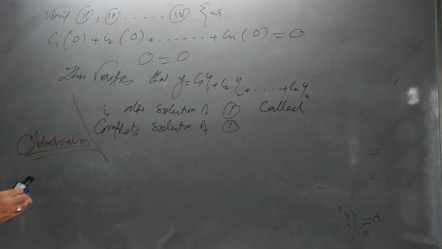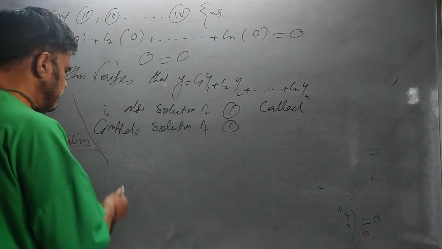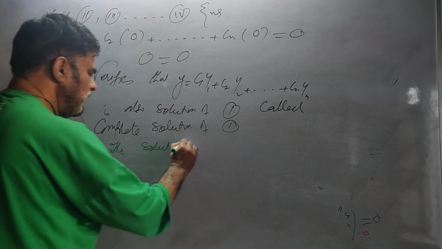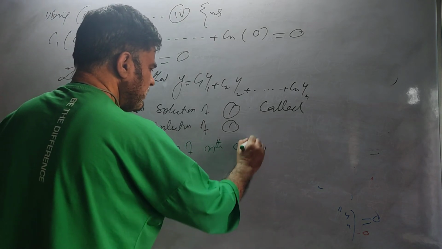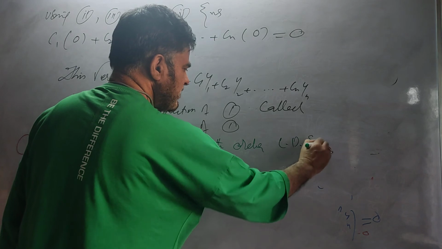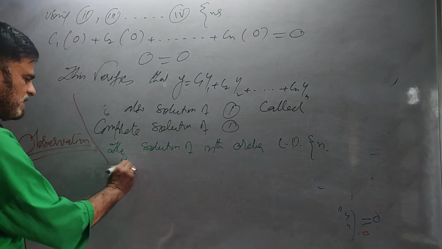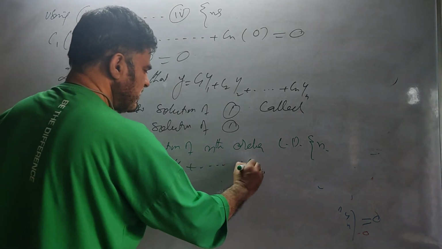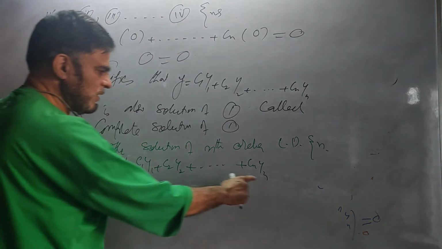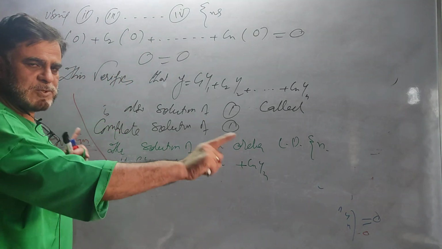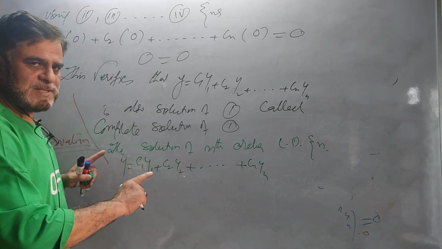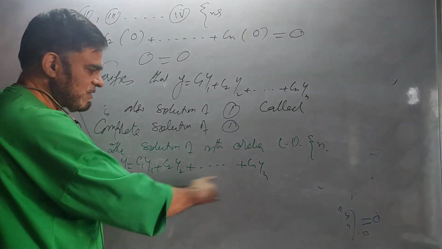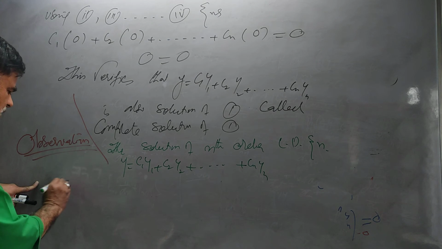The observation is this: the solution of an nth order linear differential equation, you have seen, what was the solution? y is equal to C1 y1 plus C2 y2 plus so on to Cn yn, where y1, y2, so on to yn are independent solutions of the given equation. And we have seen that when we introduce different constants C1, C2, this also becomes a solution.